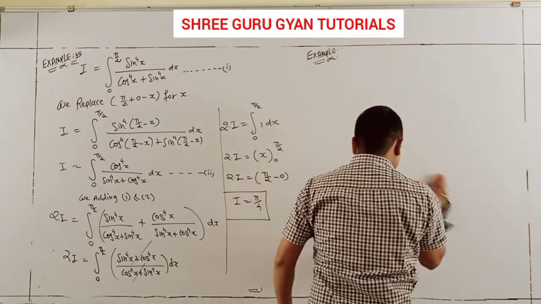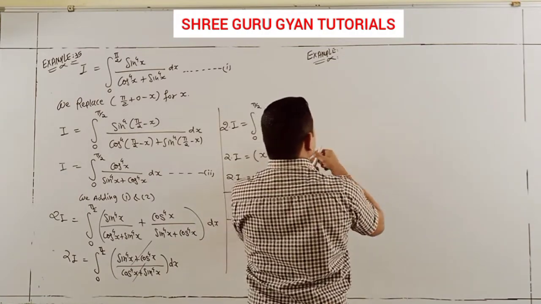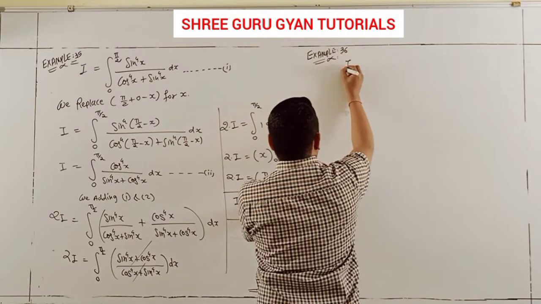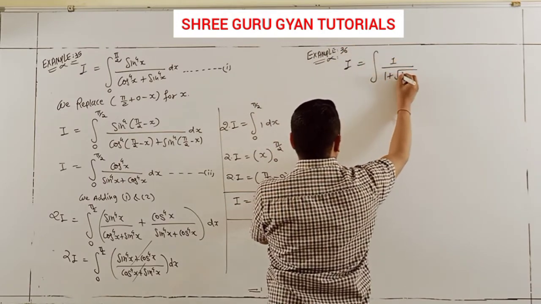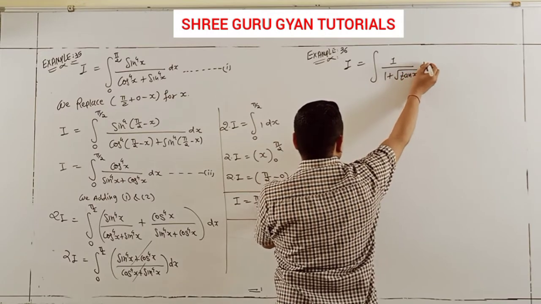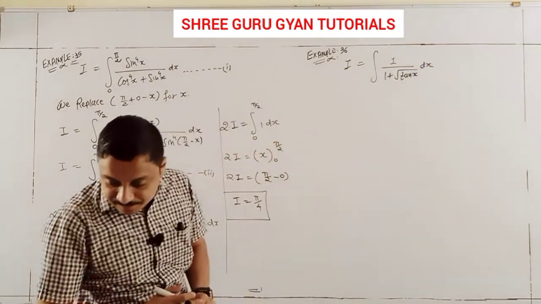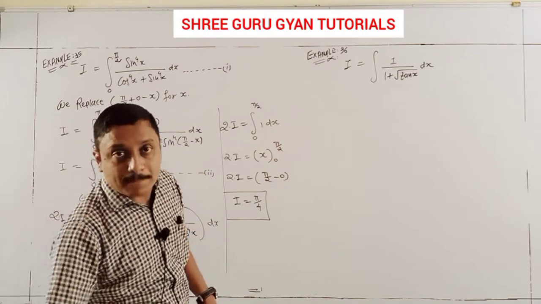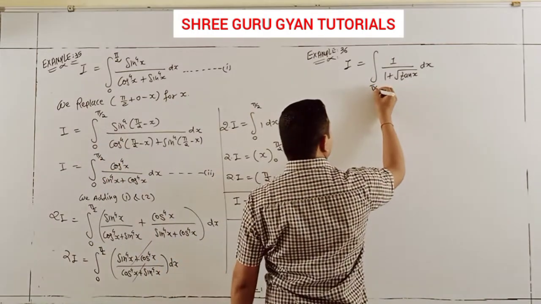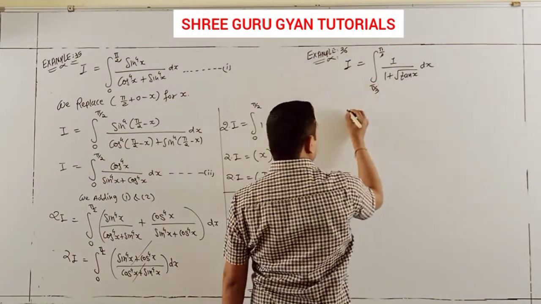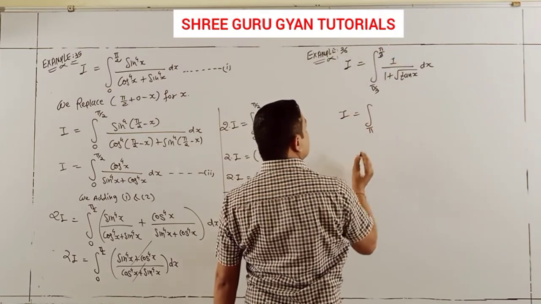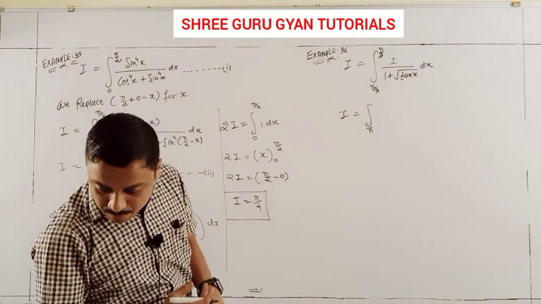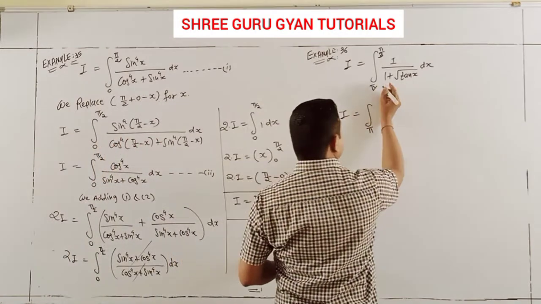Integration of 1 upon 1 plus root of tan x dx, and the limit is given pi by 6 to pi by 3. Sorry, I wrote the question wrong. Here, pi by 6 to pi by 3, students.